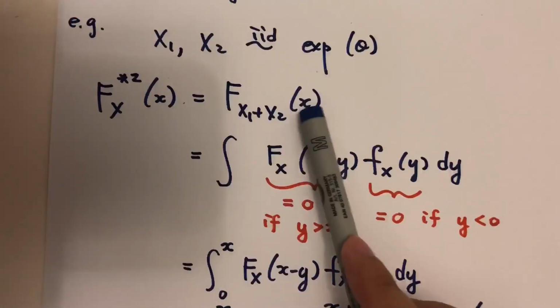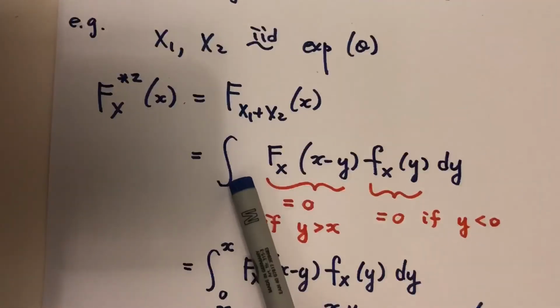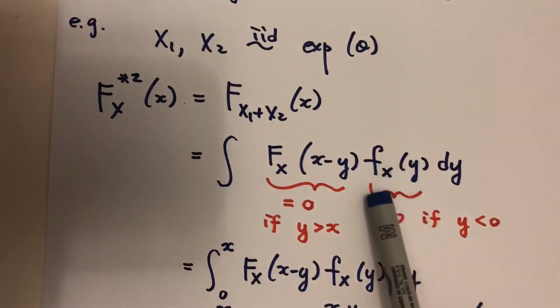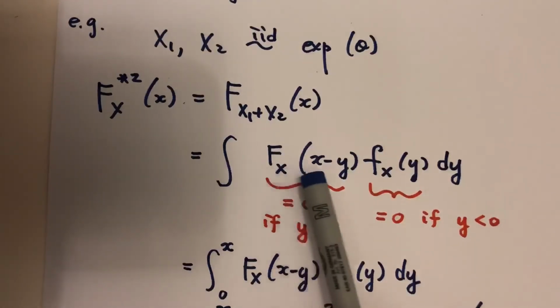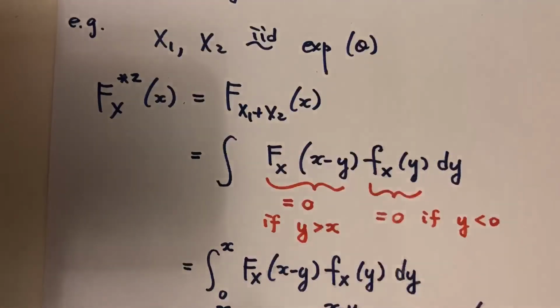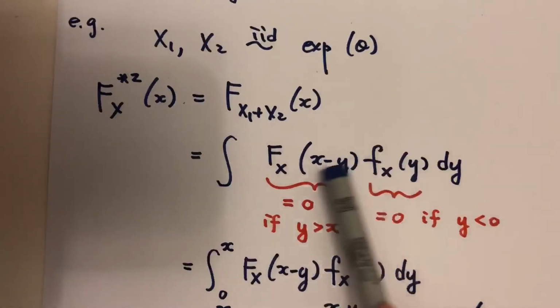So using our formula, the CDF of the sum can be obtained from integrating the density of one variable times the CDF of another variable evaluated at x minus y, and then we integrate this over y. Here I haven't written down the upper and lower limit, so we need to look at these two factors.